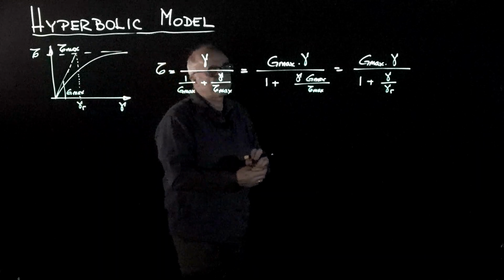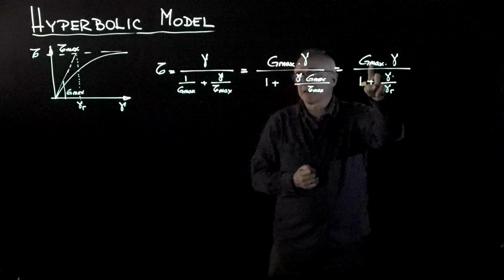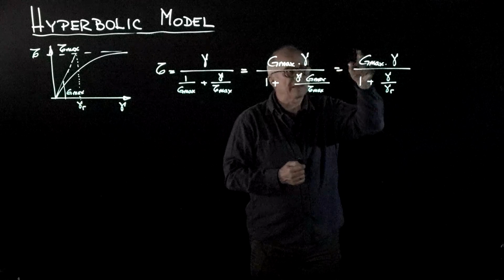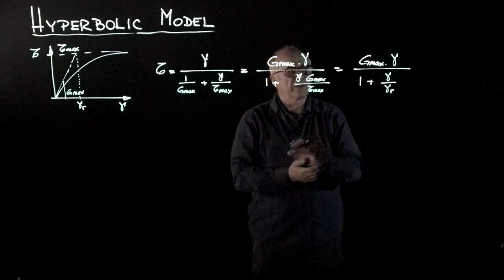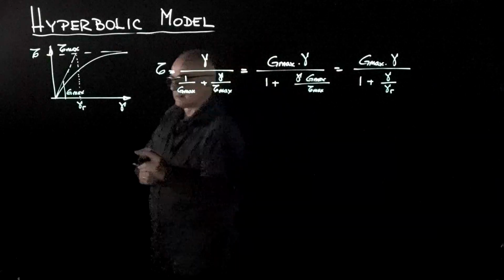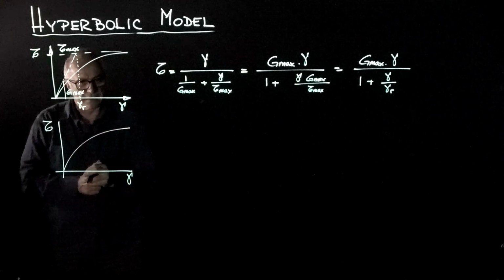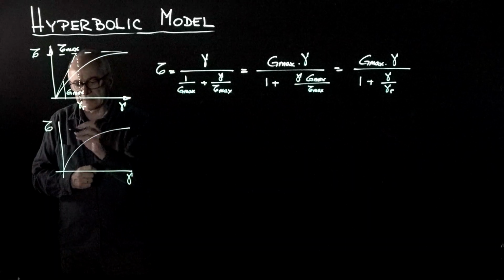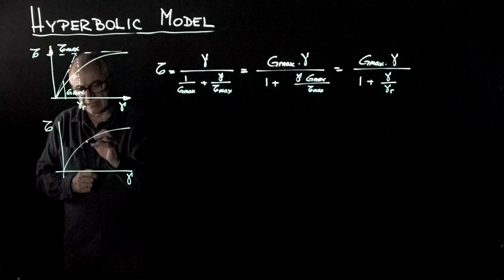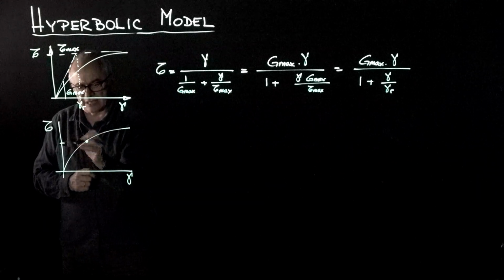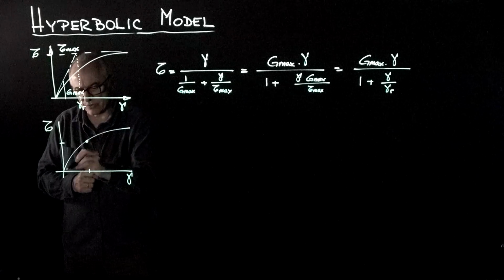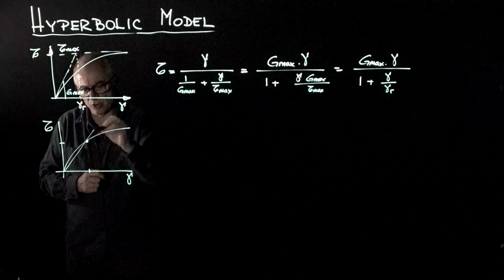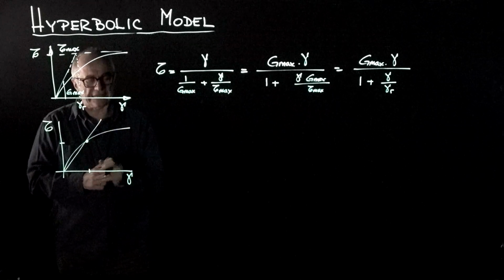But this begins to tell you how Gmax evolves as the strain level increases. Let's start with a cleaner drawing again, and let's think of what is tau over gamma at this point. This is the value of tau, this is the value of gamma, so tau over gamma is the slope, in other words, the secant modulus.